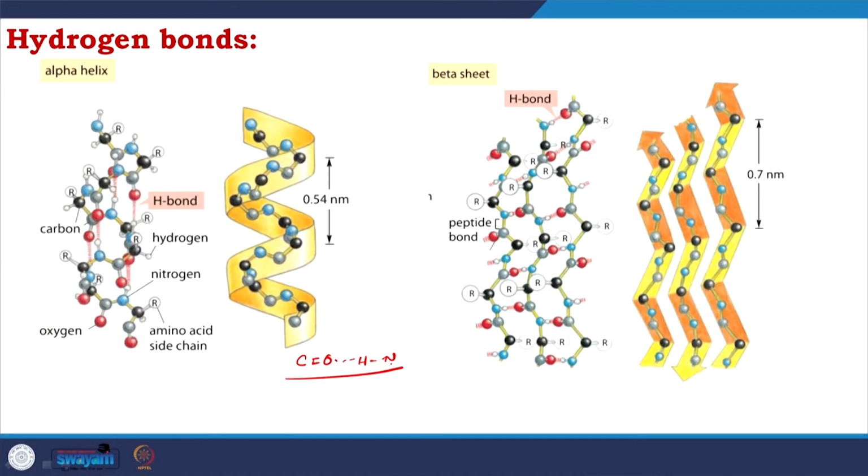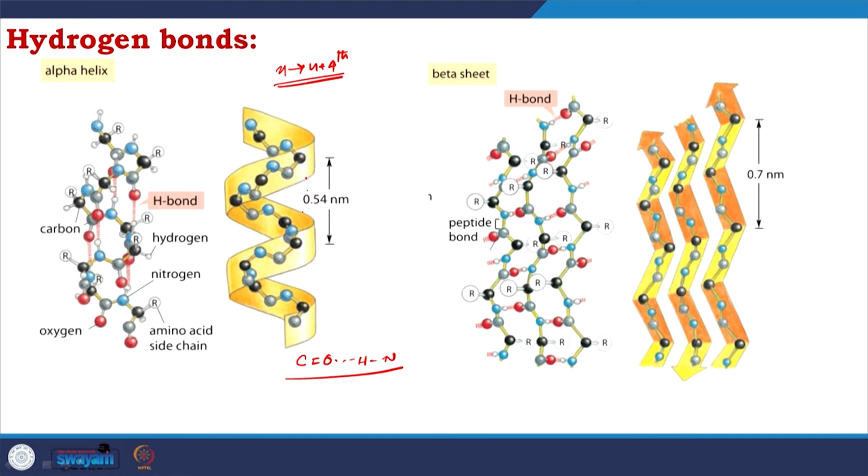Here is a very good example where we are taking the classic secondary structure motifs, alpha helix and beta sheets. All of them form CO-NH bonds, where in the alpha helix it is from N to the N plus 4th residue, and it is face to face.